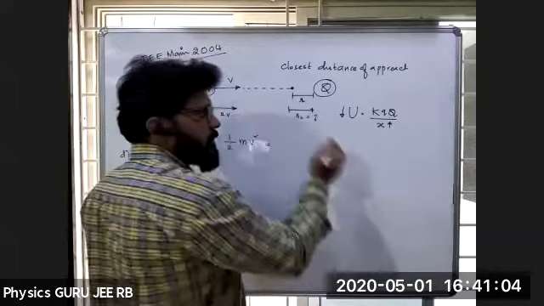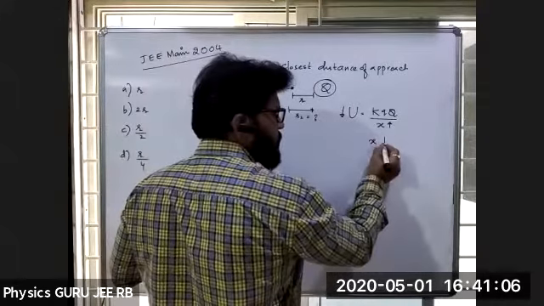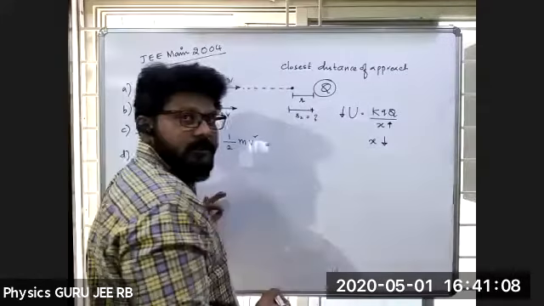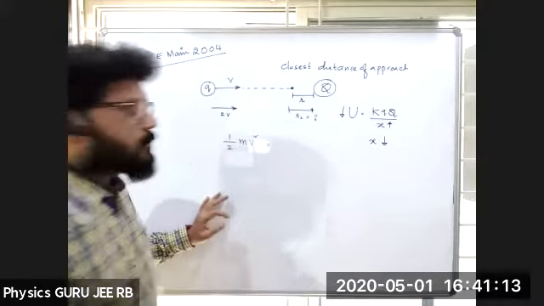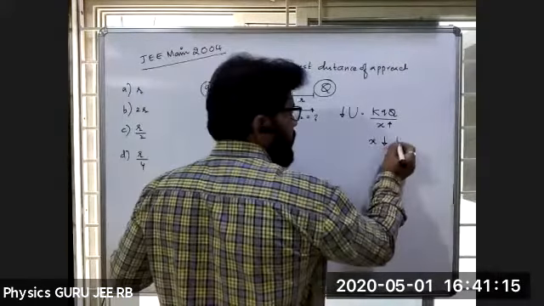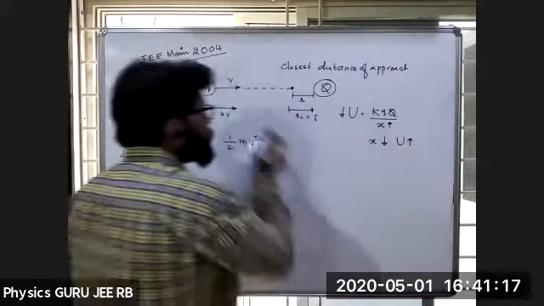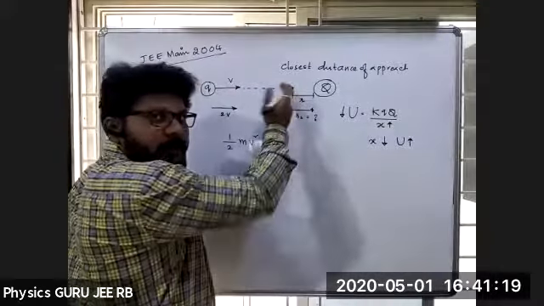As the distance between the two charges decreases, potential energy will increase. When it reaches this point, it will stop.